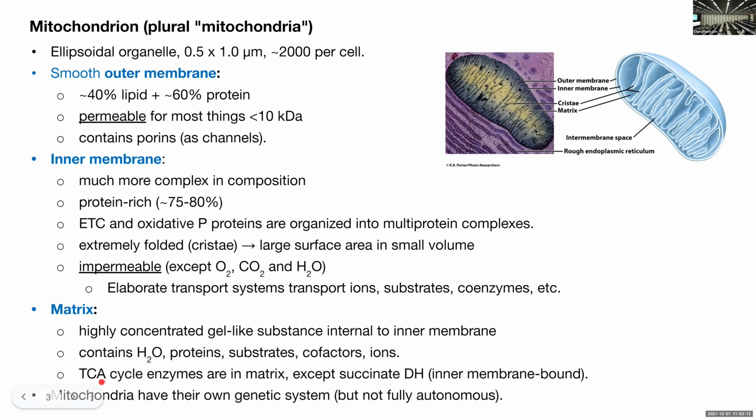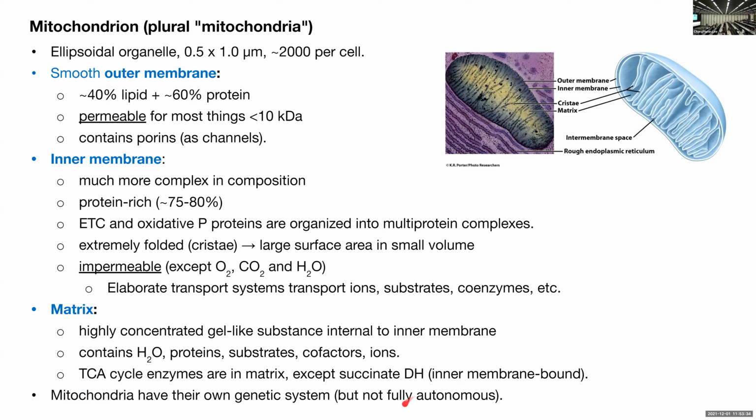And again, TCA cycle enzymes are in the matrix. We talked about this, right? So glycolysis happens in the cytoplasm, but the TCA cycle happens inside the mitochondria, especially in the matrix, except for succinate dehydrogenase, which is bound to the inner membrane, which we're going to talk about again later in this lecture.